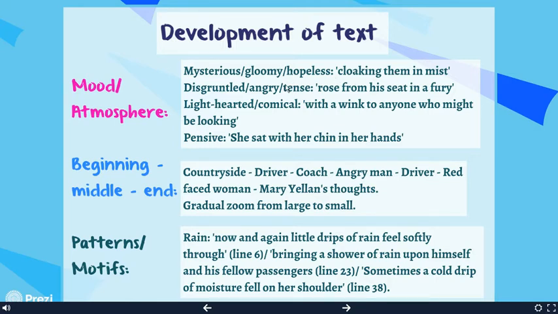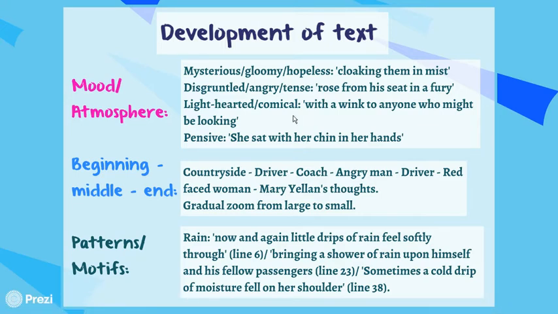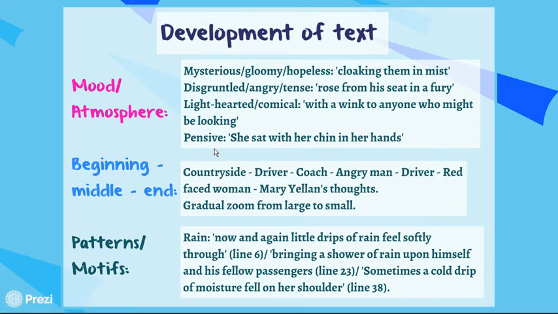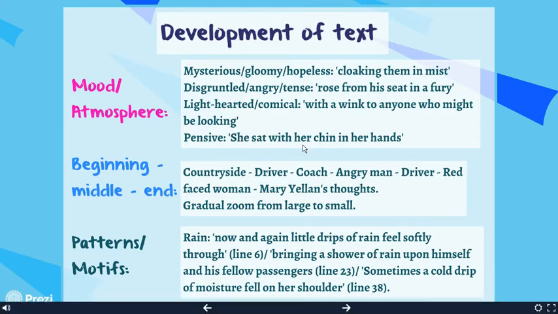But then as we move through the extract, the atmosphere becomes a bit more disgruntled, angry and tense, particularly when we're with the angry passenger inside the coach who 'rose from his seat in a fury'. But eventually we have a more light-hearted comical tone when we are introduced to the red-faced woman who winks at anyone who might be looking. And then finally the extract seems to end on a more pensive mood, thoughtful and introverted, where we see that Mary Yellen is sat with her chin in her hands.